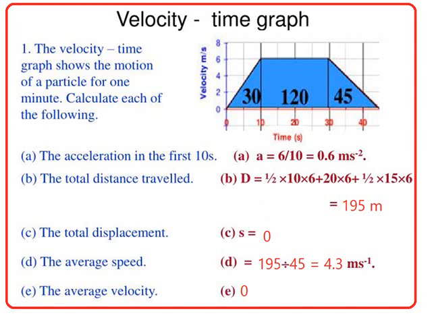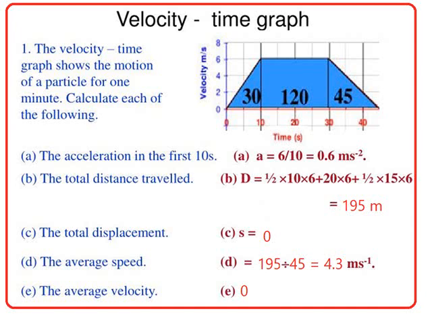Then question B, the total distance traveled by the body. The total distance traveled from 0 seconds till 40 seconds. What is the distance traveled? Now this figure can be divided into three figures. The first figure is a triangle, the middle figure is a rectangle, and the last figure again is a triangle.